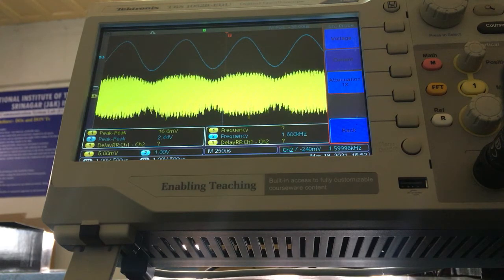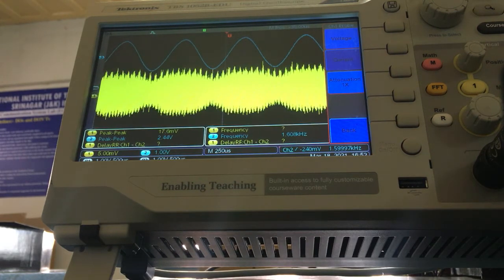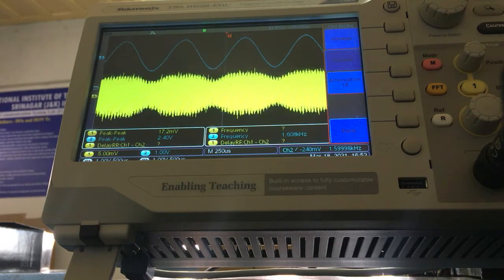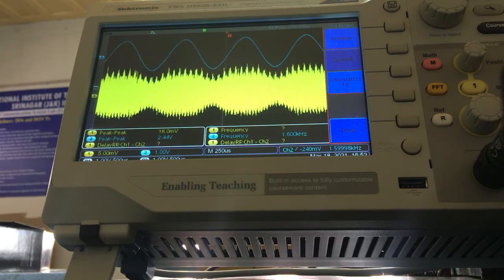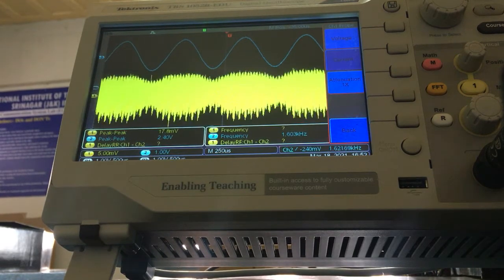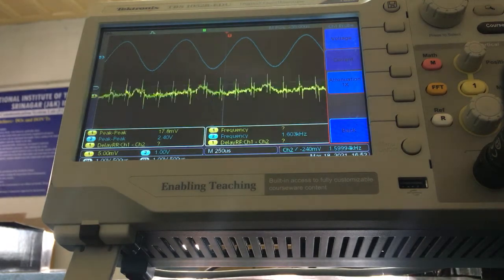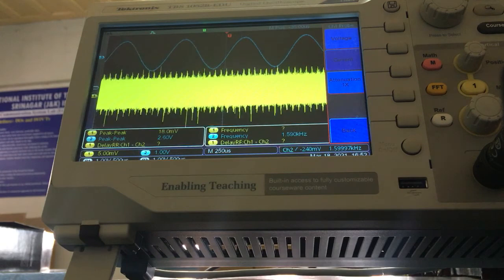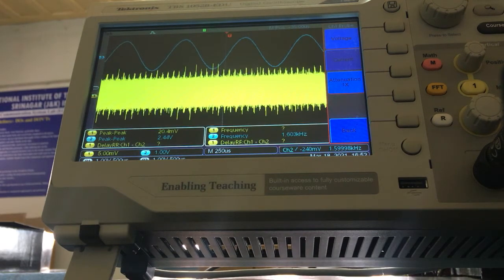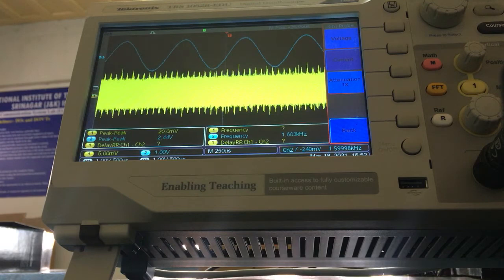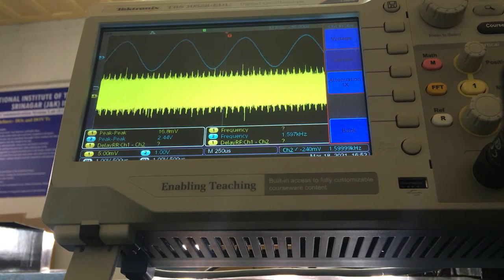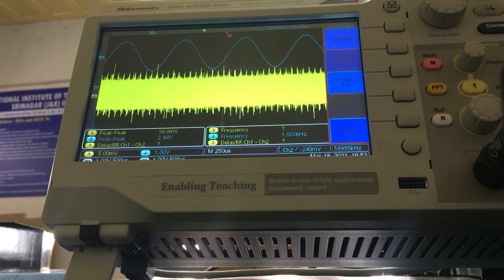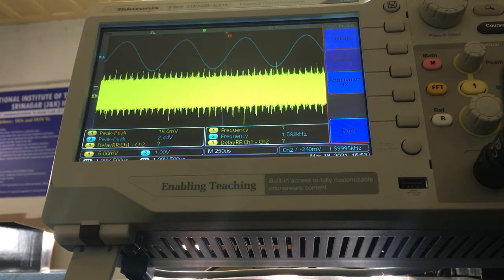Now the signal needs to be further amplified, and the unwanted frequencies still need to be removed in the next stages. So now it is mixed with the local oscillator, and this is the local oscillator, which is automatically set 455 kilohertz above the tuned frequency, in this case 1 megahertz plus 455 kilohertz, 1.455 megahertz.